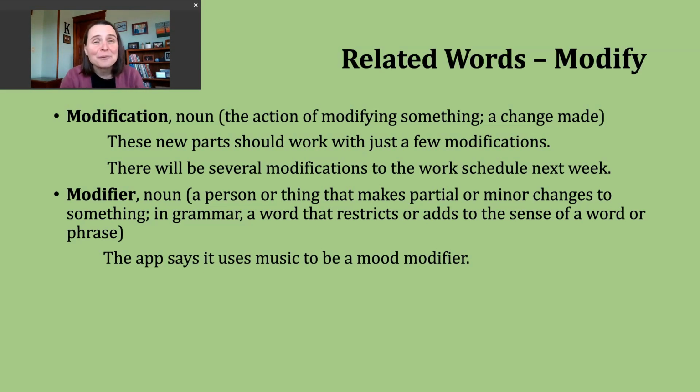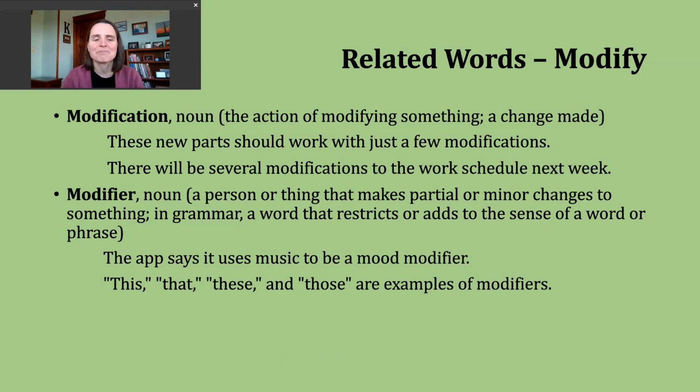Now, another way you might encounter the word modifier is, again, very specific to English grammar. You might hear your teacher use it. So when we talk about the noun modifier, we're generally describing a word that restricts or adds to the sense of another word or phrase. I've got an example here.